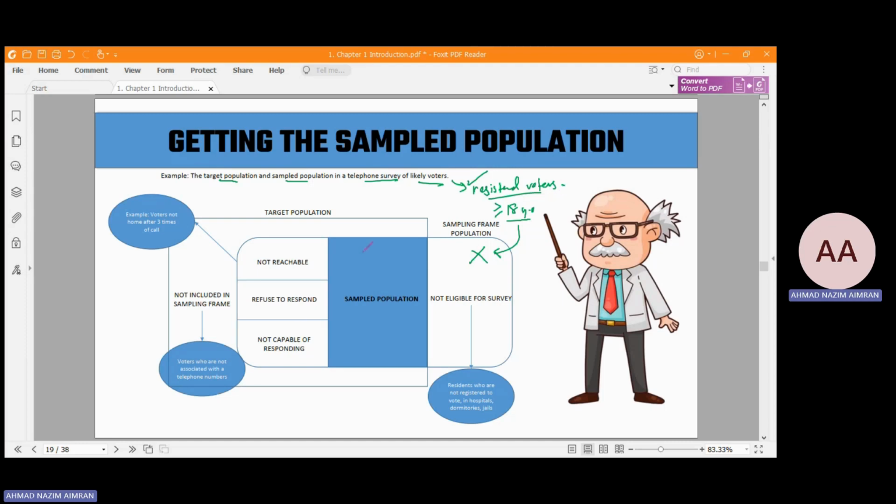The next one is the data collection method that you would like to use, for example, a telephone survey, or the computer assisted telephone interview, CATI.